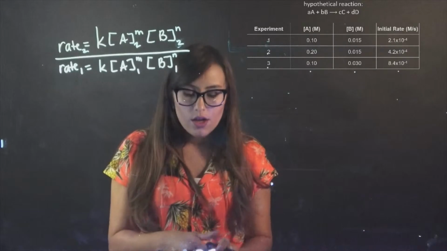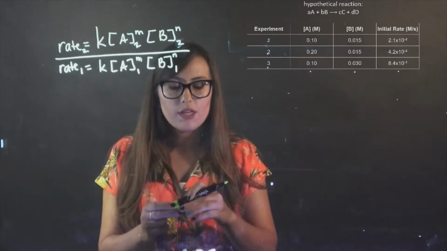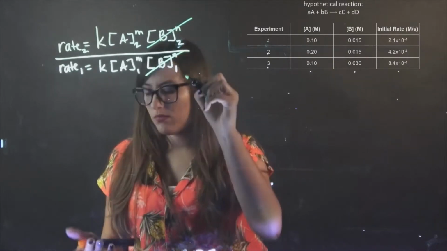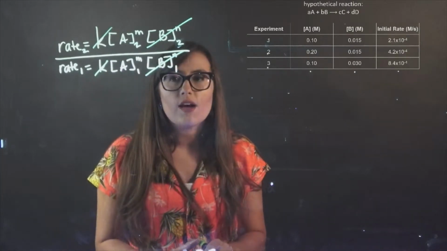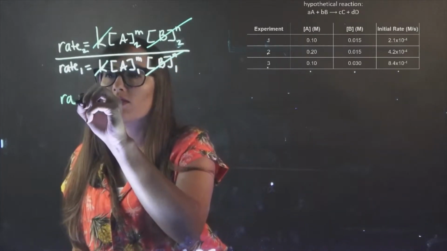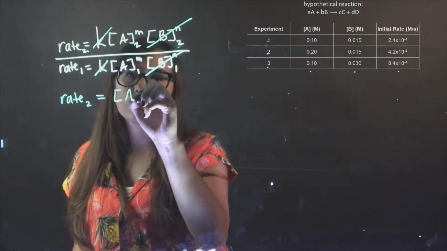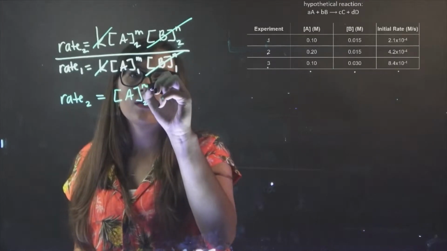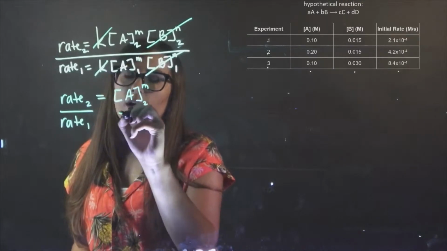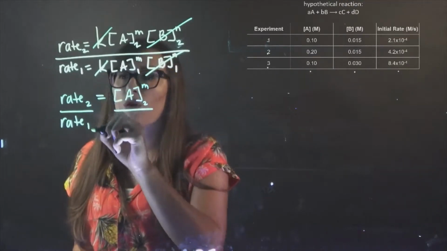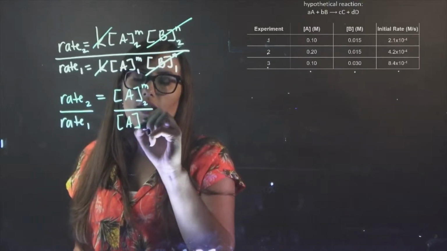Once we've done that, if we're holding the concentration of B constant, this cancels out. The rate constant does not change, so this also cancels out. And so we're left with rate 2 over rate 1 is equal to the concentration of A for the second trial over the concentration of A for the first trial, held to the exponent m.